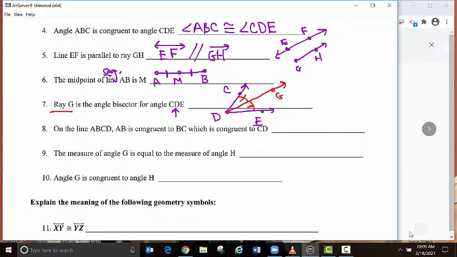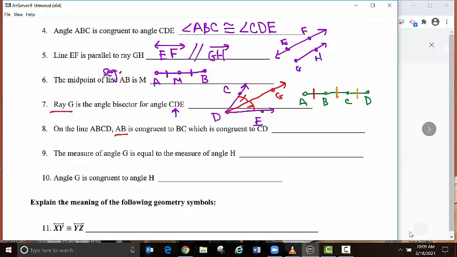Okay. On line ABCD, so A, B, C, D, it says AB is congruent to BC, and then it's saying that BC is congruent to CD. Now, I just drew you the picture here, which was kind of dumb.